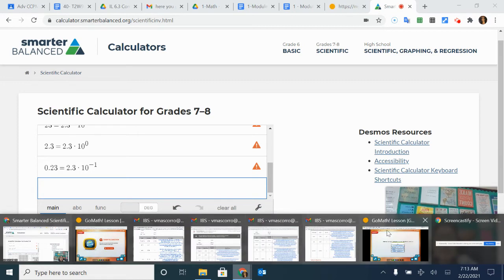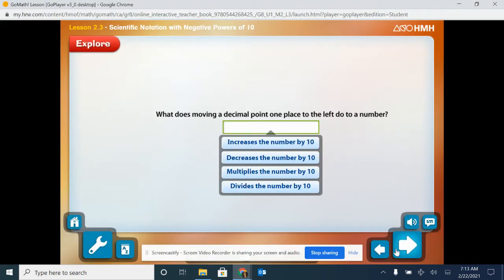So let's go back over here. The question was, what does moving a decimal point one place to the left do to a number? It increases the number by 10, decreases the number by 10, multiplies the number by 10, or divides the number by 10. I was about to say decreases the number by 10, but it's not really. It's dividing by 10. Okay?